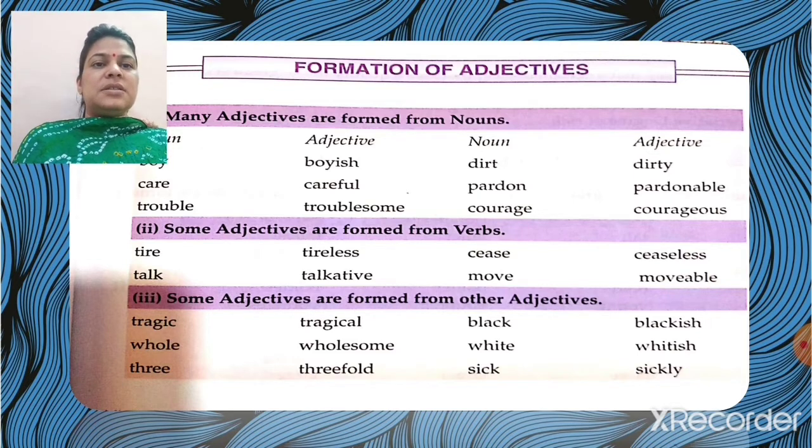Three changes into threefold, manyfold, etc. So he has worked manyfold times, or it would help him manyfold times, etc. Black changes into blackish, blackish color, whitish color. Sick changes into sickly. It was a sickly situation or attitude.